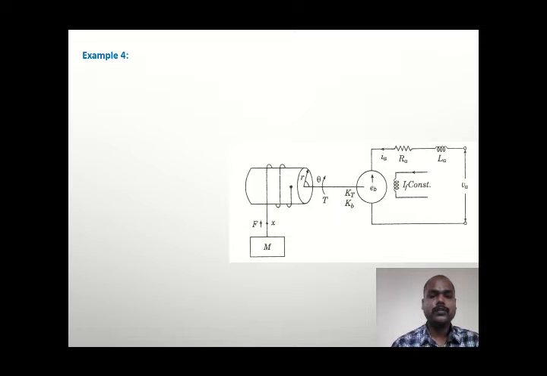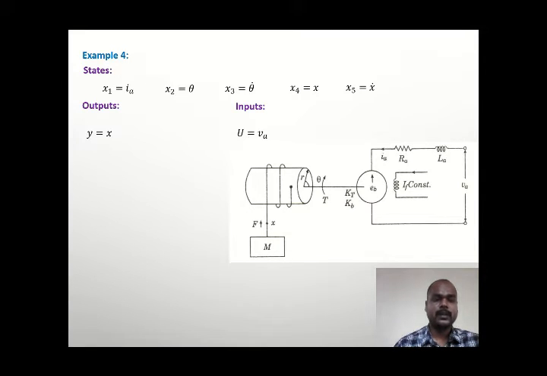Now we will take another example of an electromechanical system in which there is a string fully attached to the shaft of the motor, and we will define our states accordingly from this figure. State x1 is the current Ia, x2 is theta, x3 is theta dot, x4 is the displacement caused in this mass which is attached to the string, and x5 is the rate of change of displacement in the direction of the force.